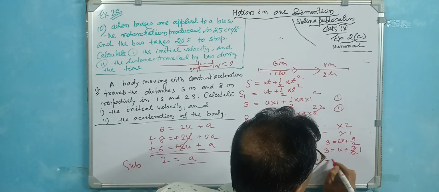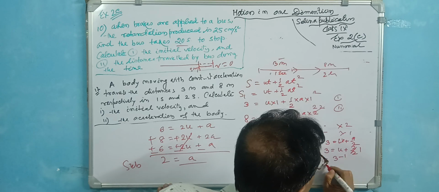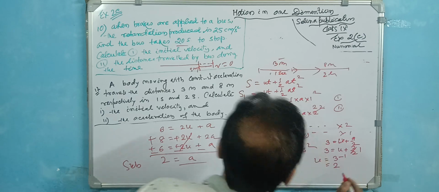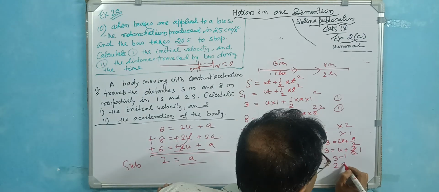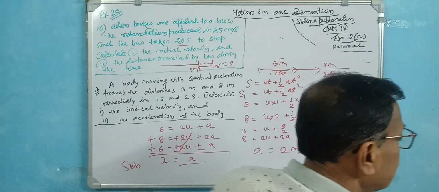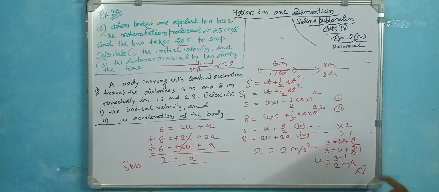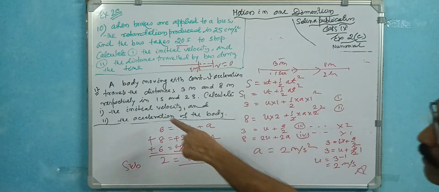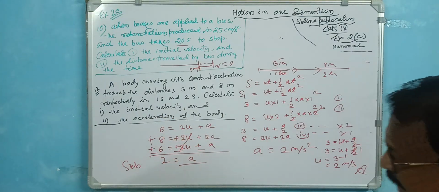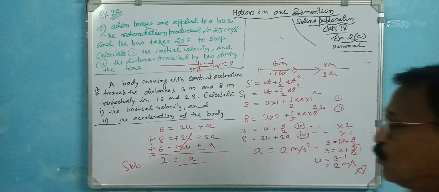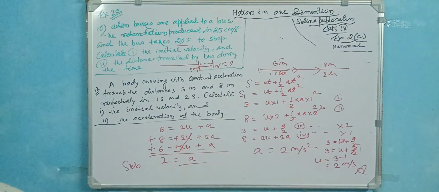So what is the value of u? u is equal to 3 minus 1. So u is equal to 2 meter per second. This is the other answer. Calculate the initial velocity: 2 meters per second. Is it clear to you? Initial velocity is 2 meters per second, and the acceleration of the body, a, is 2 meters per second square. Is it clear?